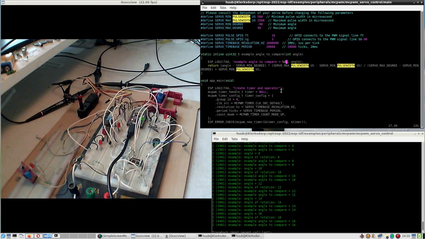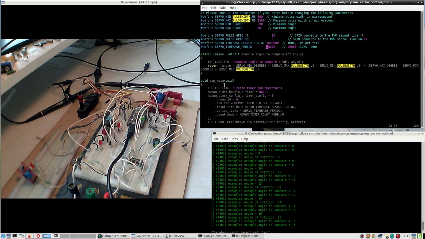What would happen if I change the period or even the resolution? Because so far this motor is not driven. Yes, it is driven by pulse modulation, but it's also driven now by voltage. If I run this program, it starts running in a constant way. Well, this doesn't do a thing.